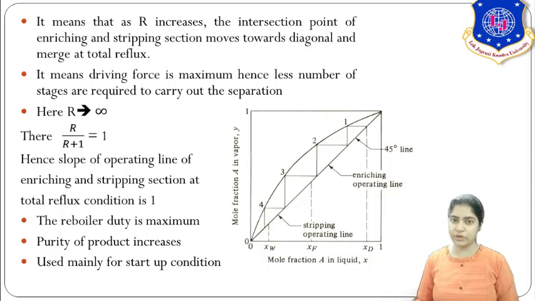Hence purity increases because there is a wide scope for mass transfer. It is mainly used for startup condition. When you shut down your plant and the column has to be restarted, you use total reflux. Once the desired level of separation has been achieved and the desired operating condition has been settled, then you can change your reflux. But when you are starting your plant, total reflux is preferred.